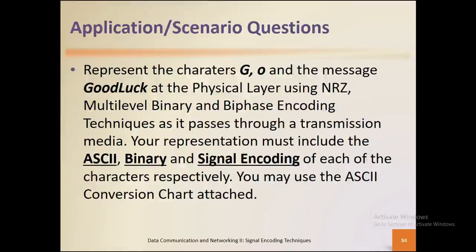So I basically mention that and then come up with its binary before you actually apply the signal encoding to them. And I've also attached the ASCII conversion chart, so you can look at it easily to be able to encode and modulate the signal.